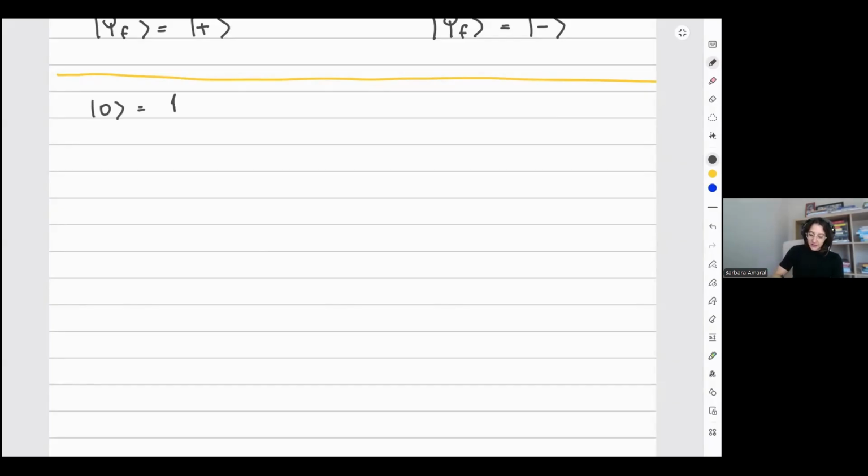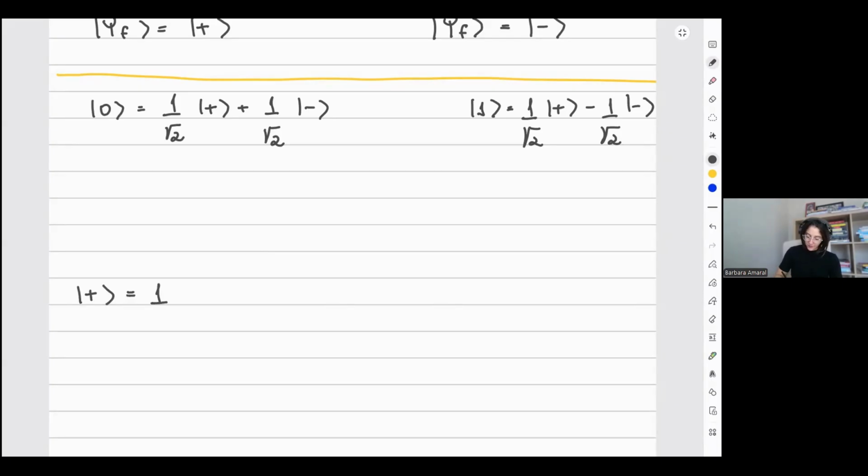So 0 written in the plus minus basis is equal to this, and 1 is equal to this. Plus is equal to this, and minus.